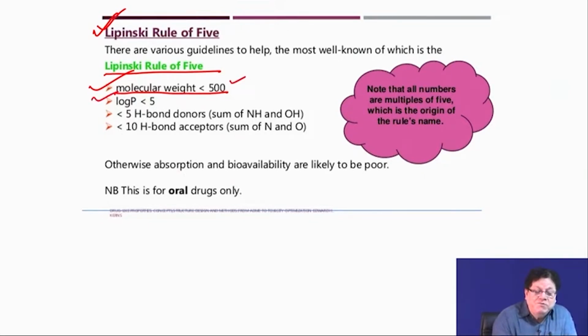It has a log p value of less than 5. What is log p value? It is the logarithm of the partition coefficient between octanol and water. Why octanol? Because octanol mimics the membrane through which the drug crosses. Membrane is actually lipophilic. These are large fatty acyl glycerol chains with a polar head group, but a majority portion in the membrane is lipophilic.